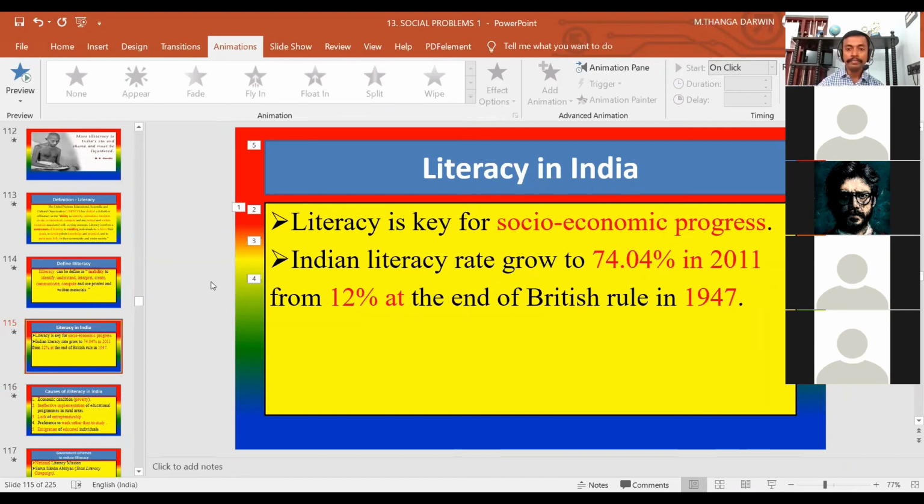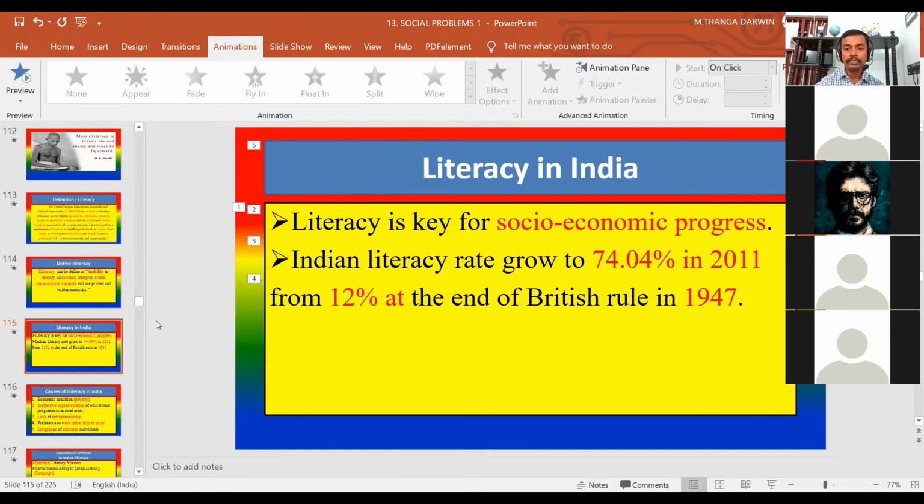Now, literacy is a key for socio-economic progress. According to the 2011 census, the literacy rate has grown to 74.04%. But think about 1947: only 12% of people were educated.